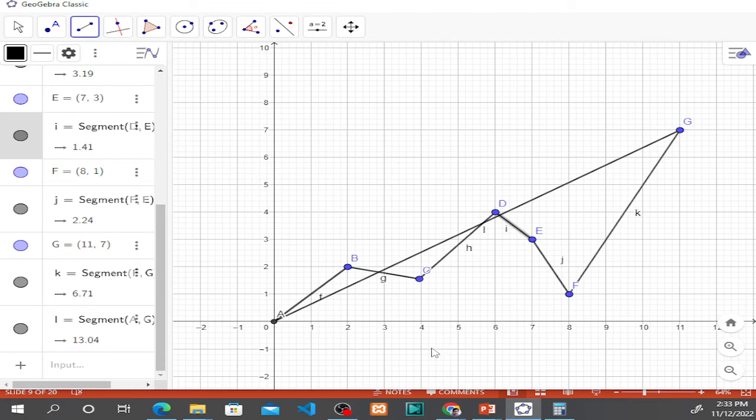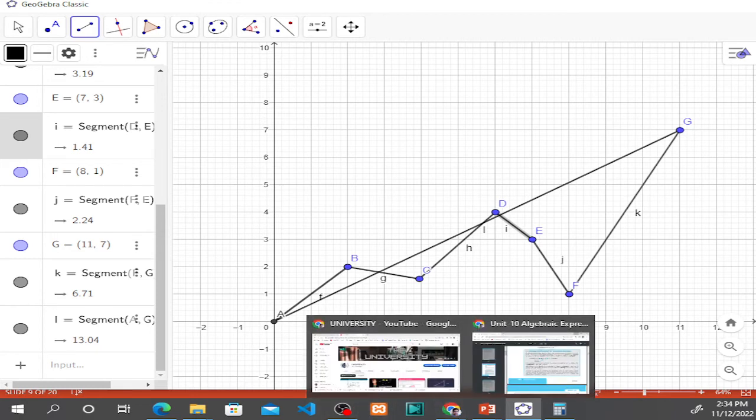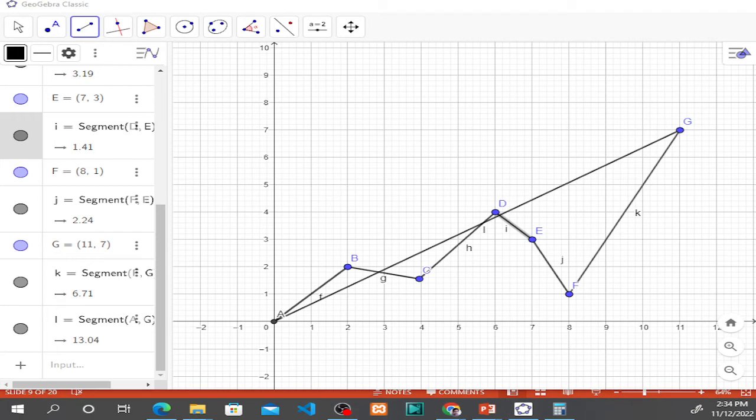Alright, so now we will find the average velocity, and the average velocity can be found using the total displacement covered over time. So we open the paint.